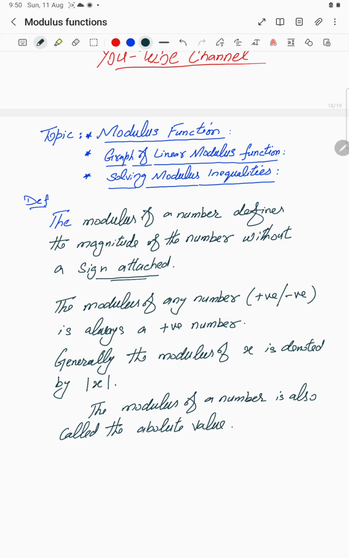Like we wrote it here, let me select it. Yes, this is the important key point you need to know.